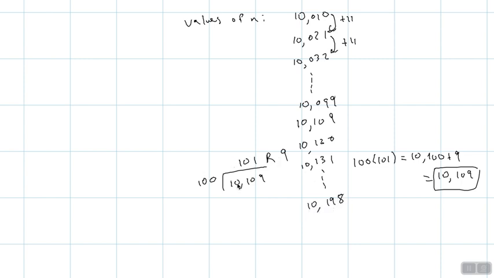And then we get into this same situation where the quotient is going to be 102, and we want the remainder to be 8. So again, here it's plus 10, and then it keeps going plus 11, plus 11. And then from here, when the quotient switches over to 102, this is going to be 10,208. And these are all the values of n that will work here.